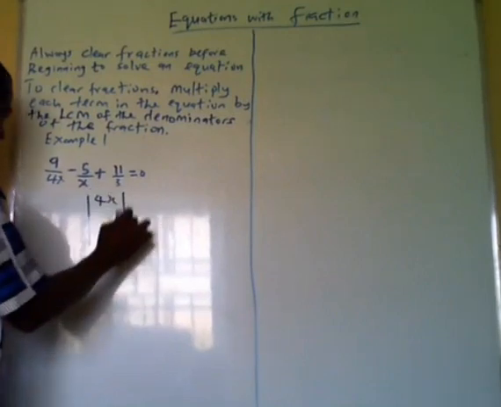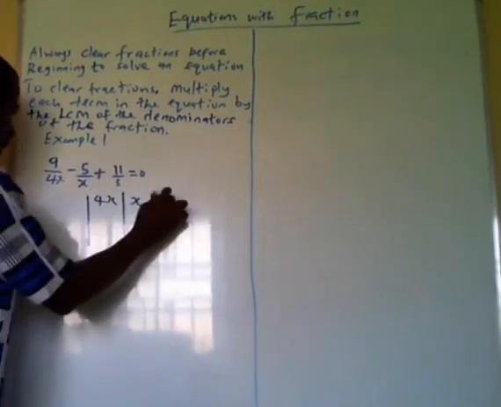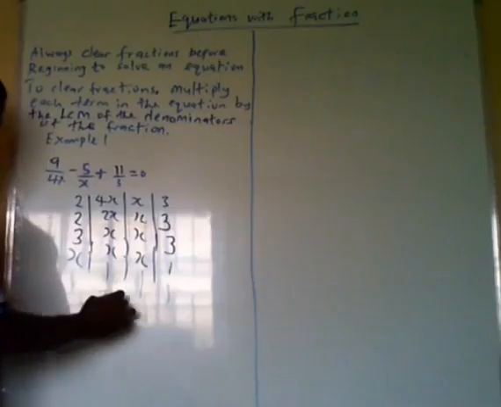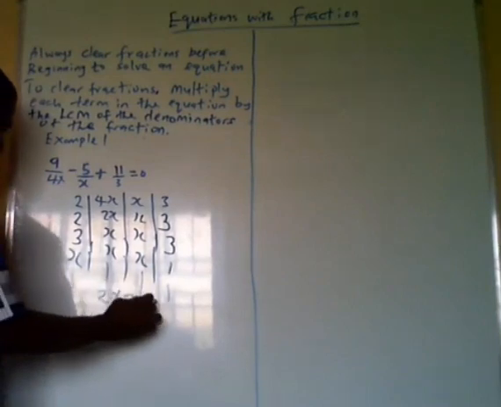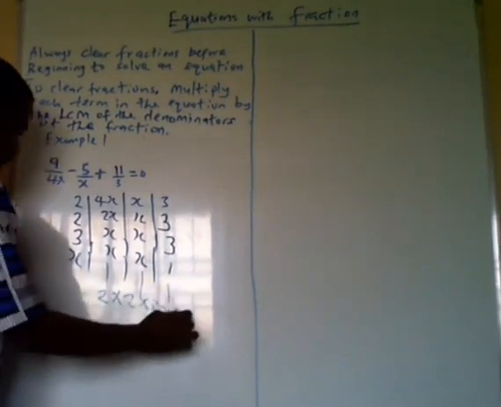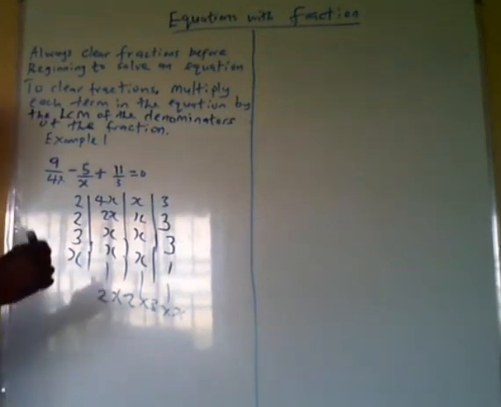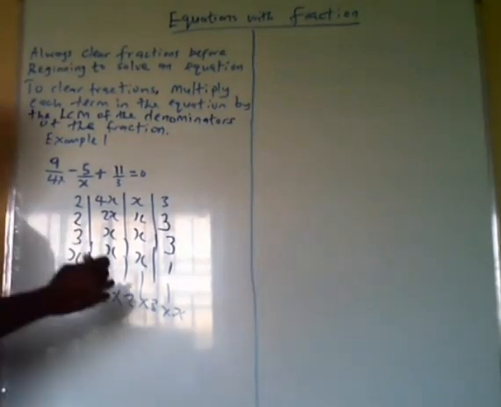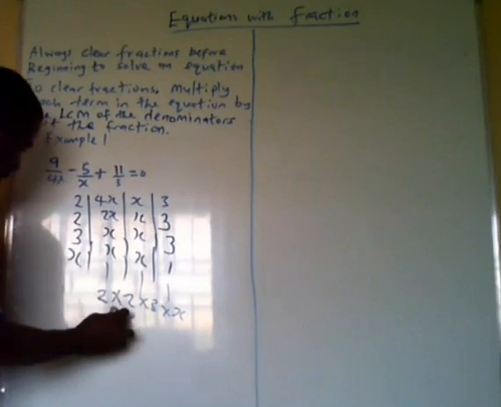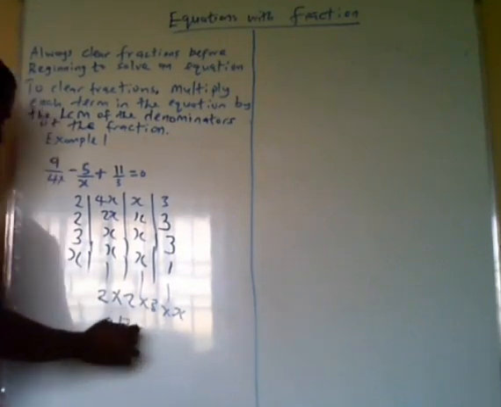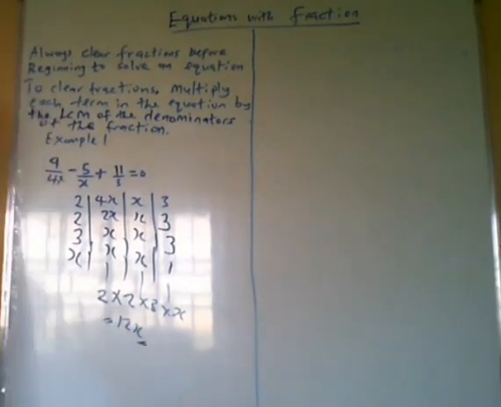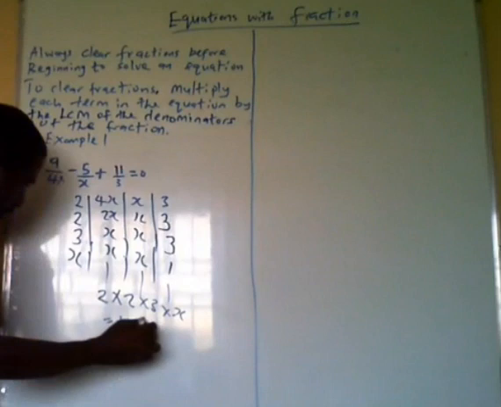4x, x, then 3, we have 2 times 2 times 3 times x, so we're going to have 12x. So that's going to be our first answer. That's just the start. That's 12x.